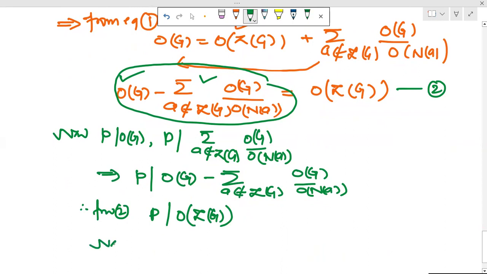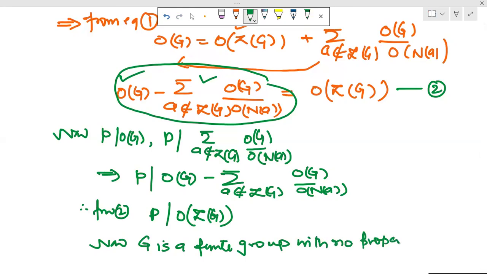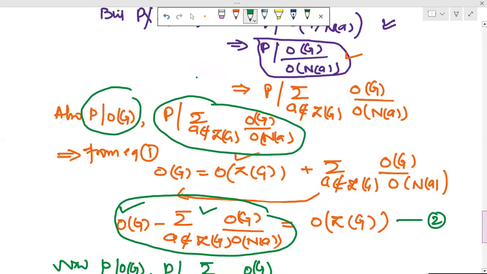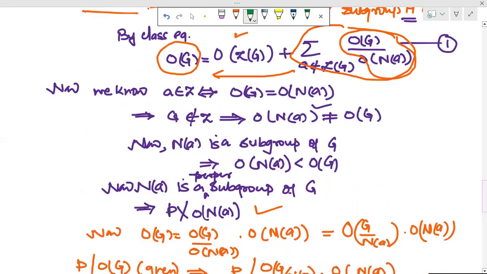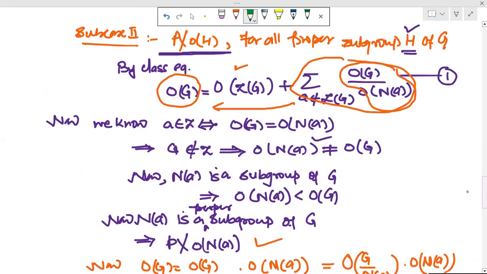Now, G is a finite group with no proper subgroup, because we are taking the case where there is no proper subgroup. So this is the case of no proper subgroup.